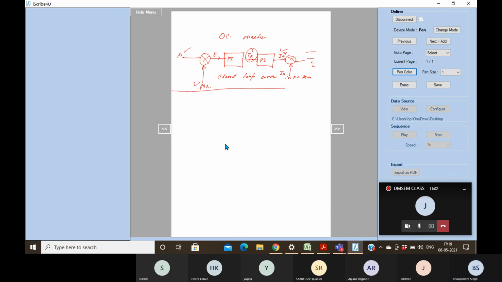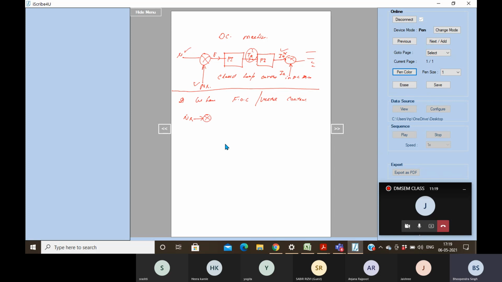Now, the second case was we have seen field oriented control or vector control. Again you have done the same thing.